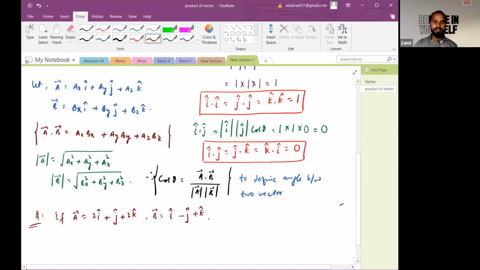So find first A dot B, second mod of A and mod of B, and third theta using these above results. Try to find.